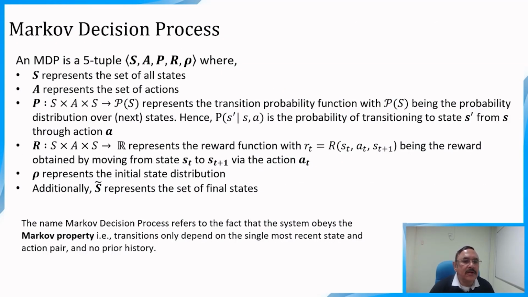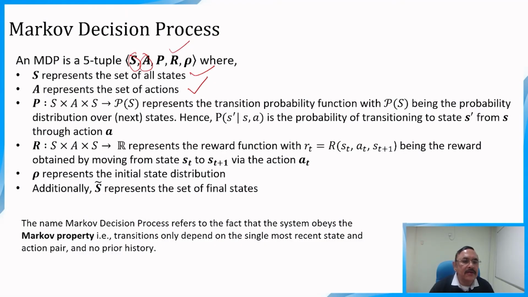So, Markov decision process MDP is a 5 tuple S, A, P, R, rho, where S means the set of states and A means the set of actions. P is the state multiplied by the actions multiplied by state.